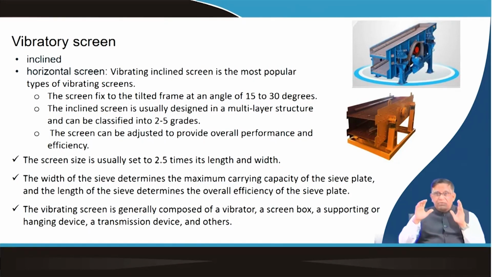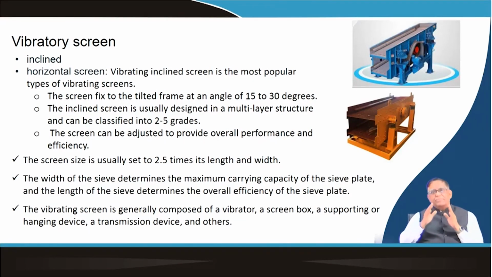So, when you are going for the selection, we will have to see what are the different types of drives that can be given, and also while selecting you will have to know what are the controls available over there, because that is the same machine. Sometimes if your feed is coming non-uniformly, whether the vibration of your screen can be adjusted or not.